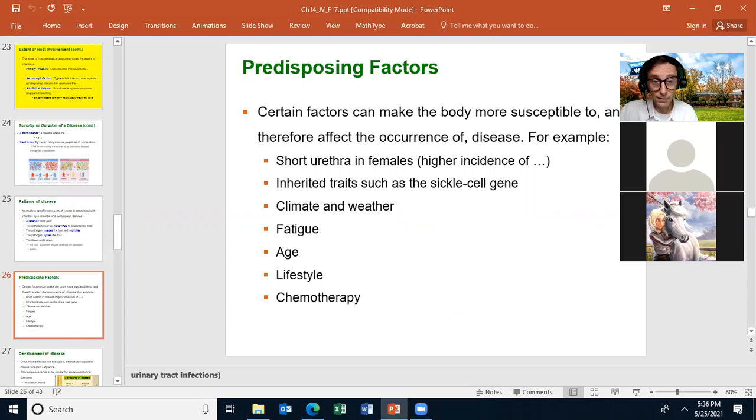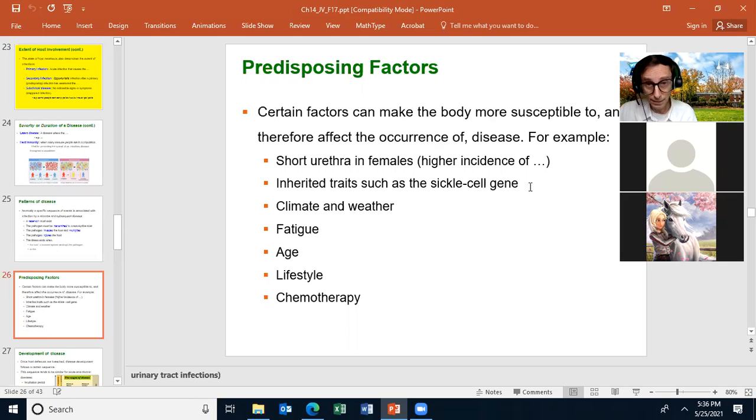There are some inherited traits that make a patient more likely to come down with the disease, and a good example of that is the sickle cell anemia gene. A sickle cell patient is more likely to come down with many other diseases because they are more susceptible.